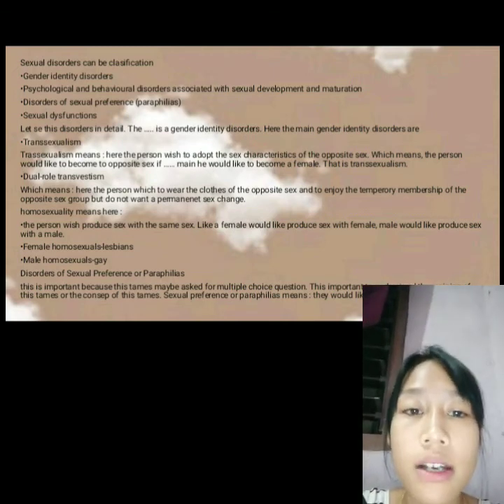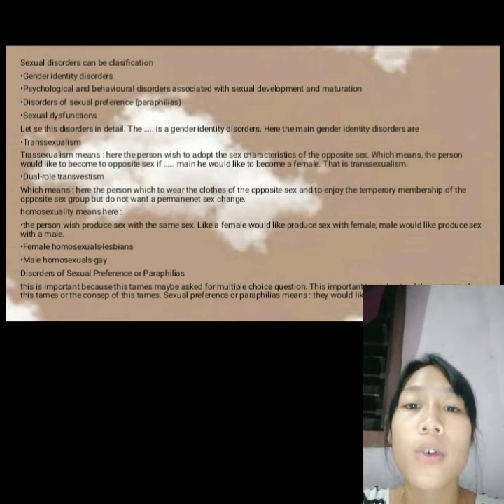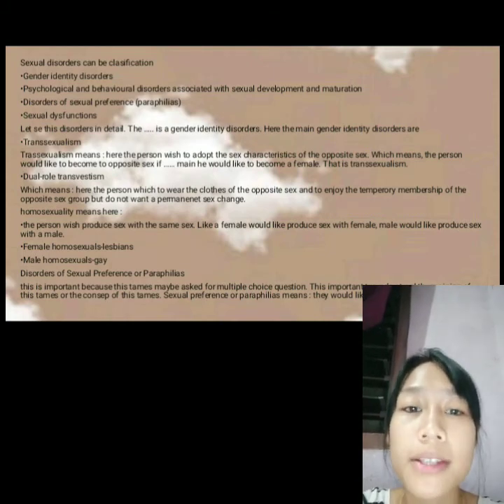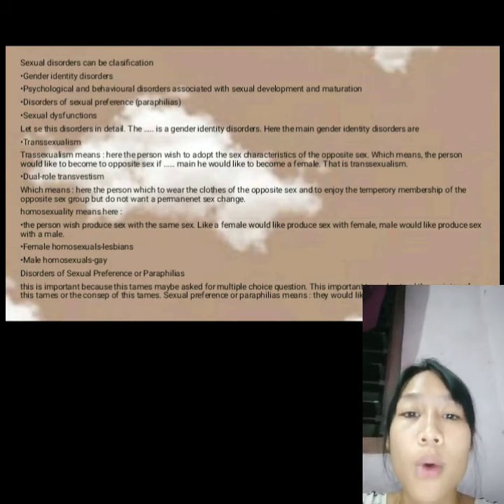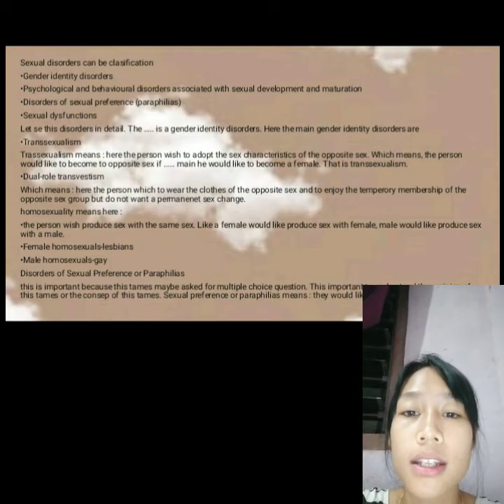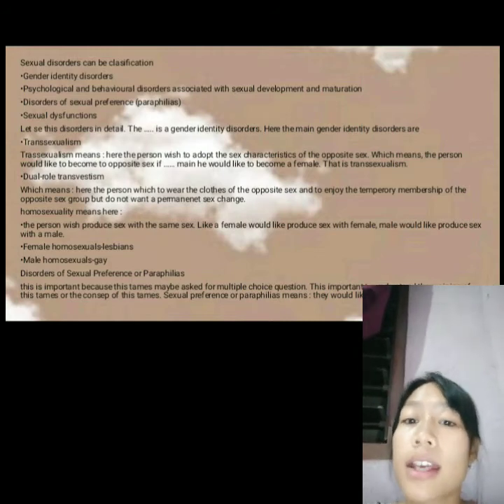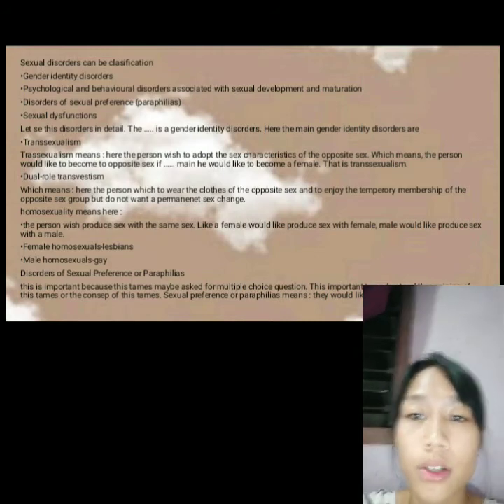Sexual orientation refers to who you are sexually and romantically attracted to, while gender identity is about how you identify yourself, and sex is about biology.